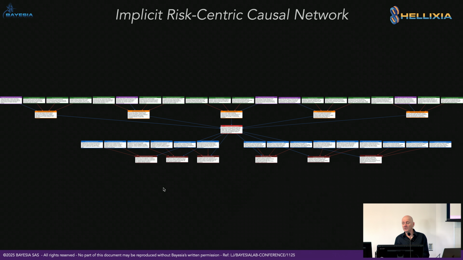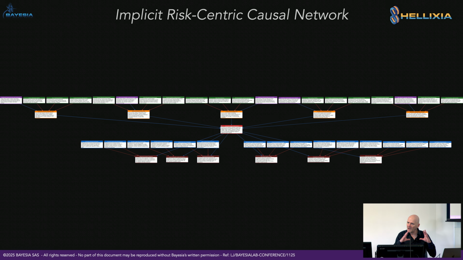We have also the risk-centric causal network. This one is also a constrained causal network where we really want to focus on risk. I did 2 webinars on that; the last 2 webinars were on this topic. It's really like a probabilistic bow tie, if you want.